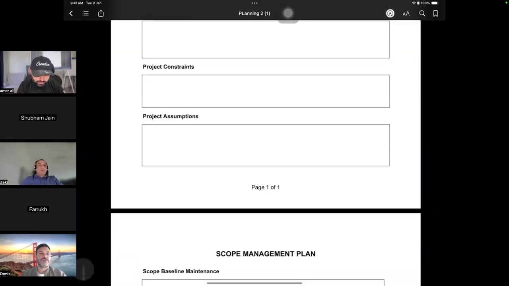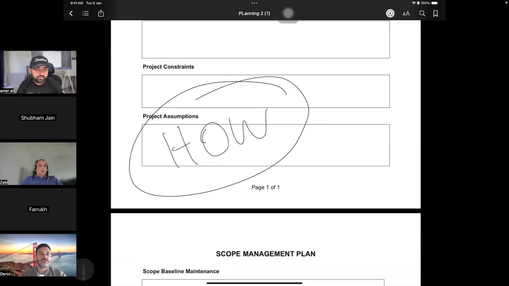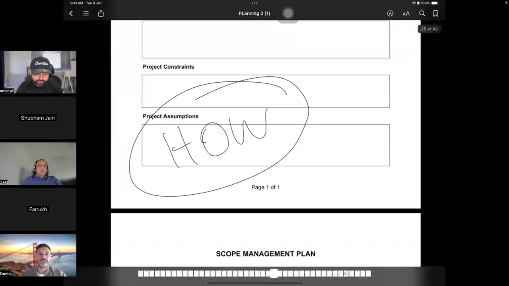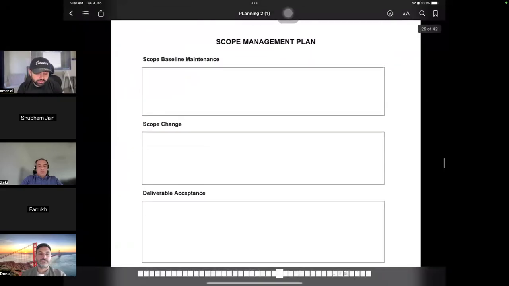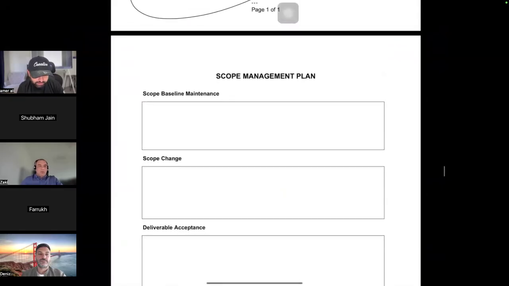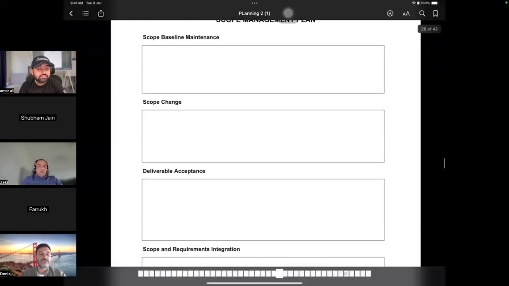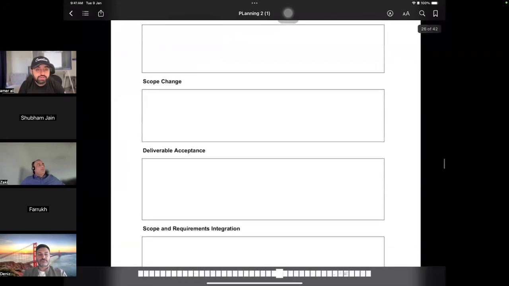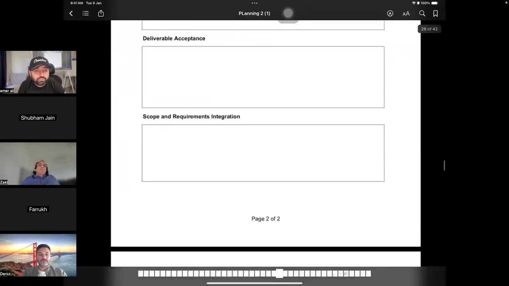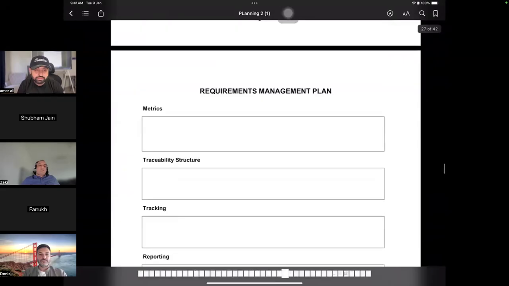Please note, all the plans talk about how. The entire planning process group means how we are going to do something. So how the scope baseline will be measured, how the scope changes, how the changes will happen in the project, deliverable acceptance, scope and requirement integration, everything will be there.